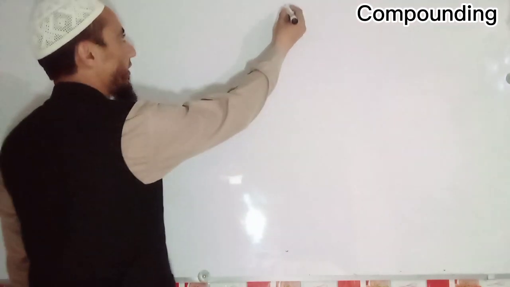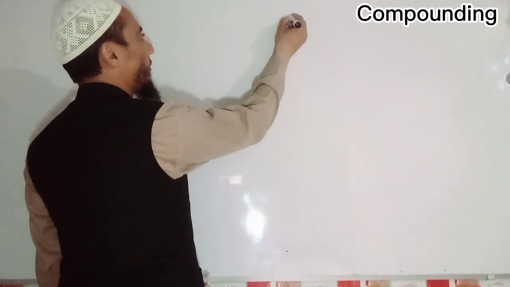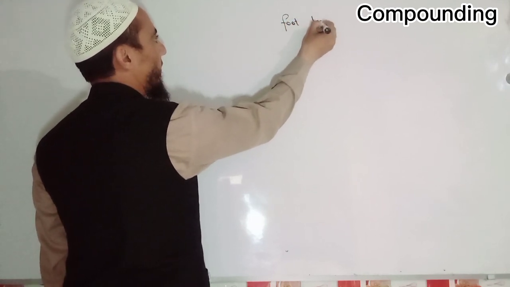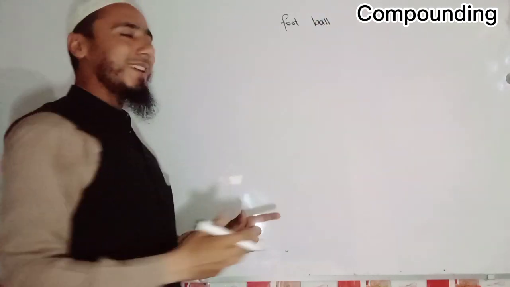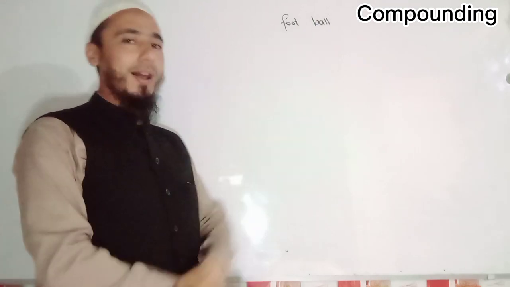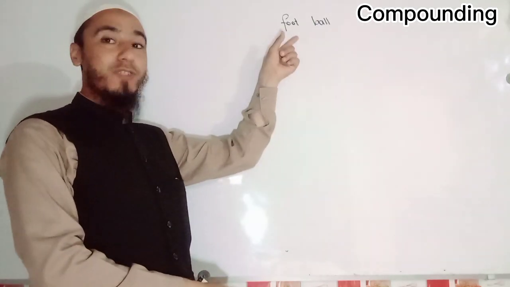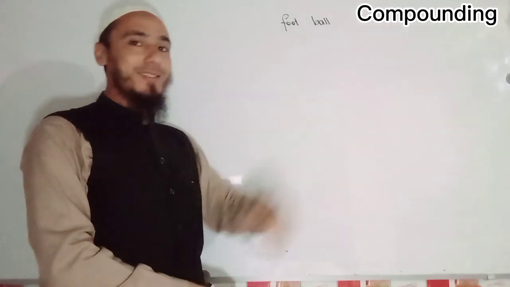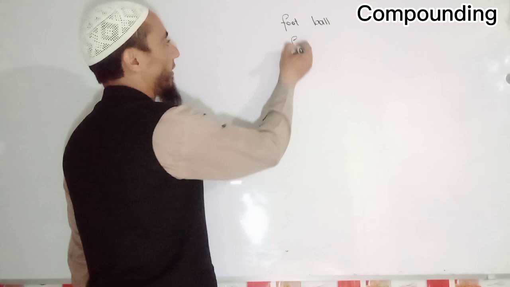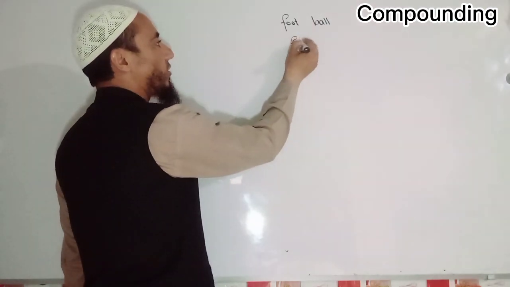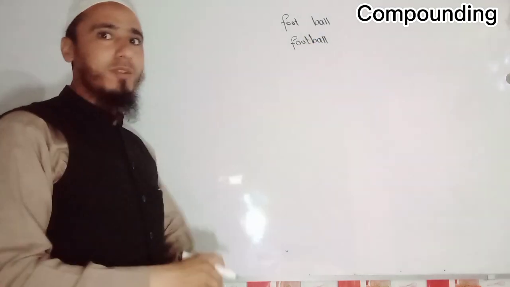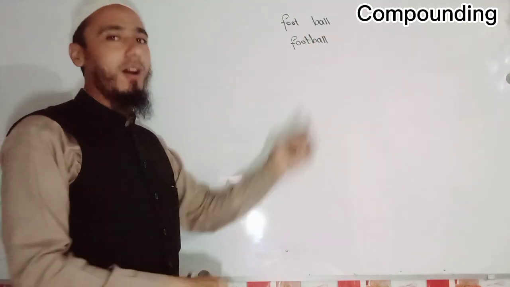For example, take the example of foot and ball. You see, these two are different words. Foot is one word and ball is another word. Foot is actually a noun and ball is another noun. So we combine them, and with the combination of these two, a compound word is formed: football.